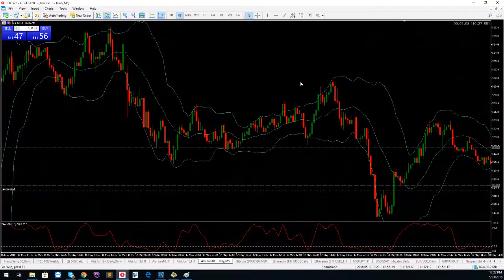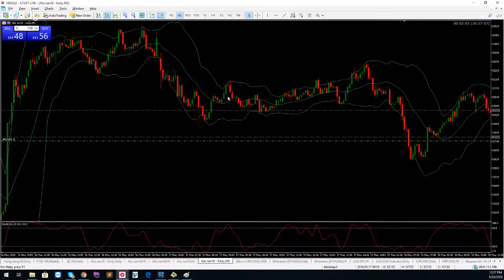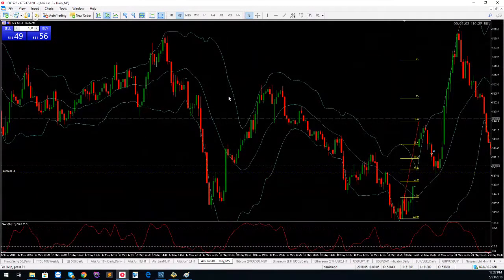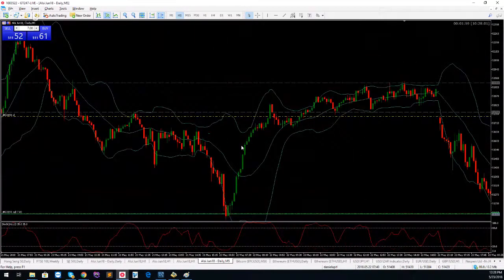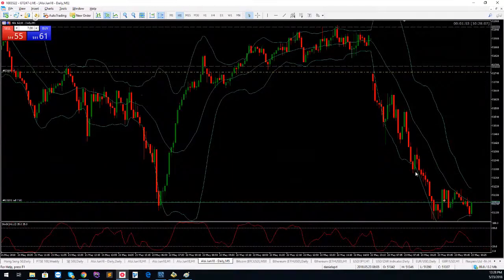We agree with that, but what if it goes to the other side, closes outside, pulls back and closes outside again? That's not an indication of a slowdown, all right? That's an indication of an increase in velocity. This trend is picking up momentum.